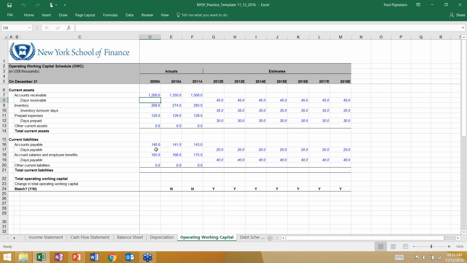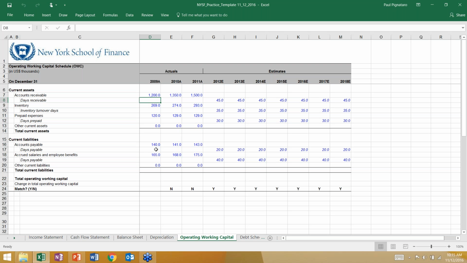We take the accounts receivable and compare it to the revenue by simply dividing it. Accounts receivable divided by revenue is basically a percentage of how much of the revenue is accounts receivable. And then we multiply that percentage by the number of days in the year, which gives us an implied value of how many days those receivables have been outstanding.